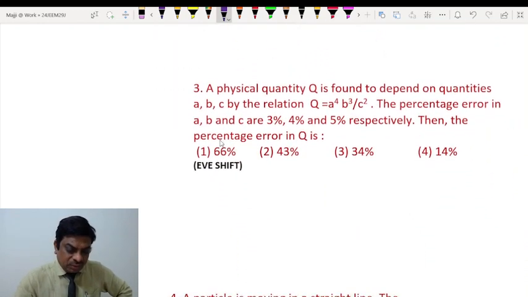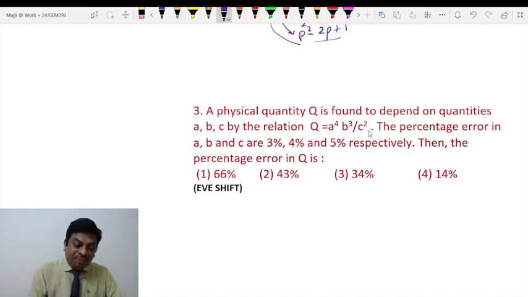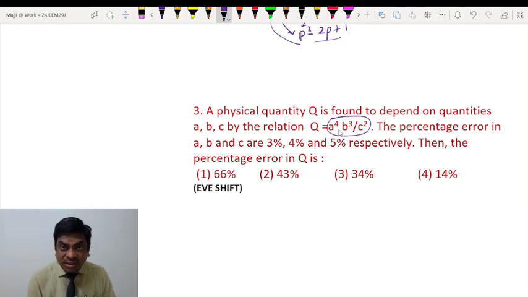Moving on to the next question, question number 3. A physical quantity Q is found to depend on quantities A, B, C by the relation given. There are percentage errors given. Again, students, you can see the various physical quantities entering into the formula are connected with multiplication or division sign, that's all.